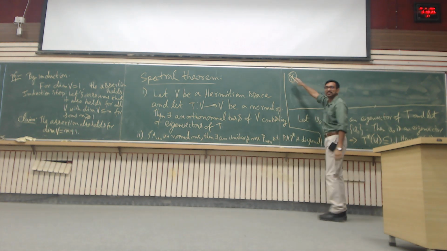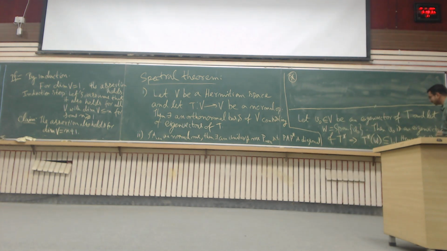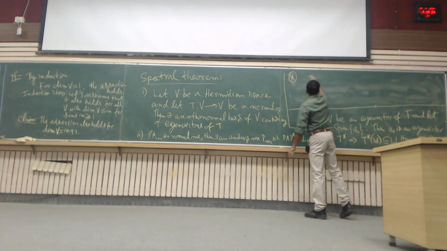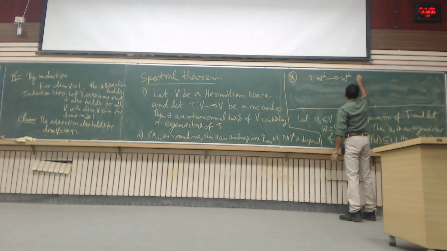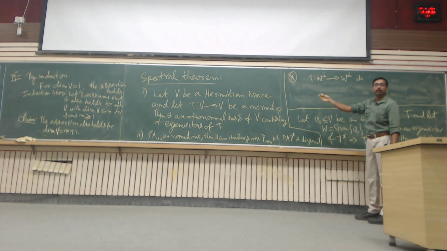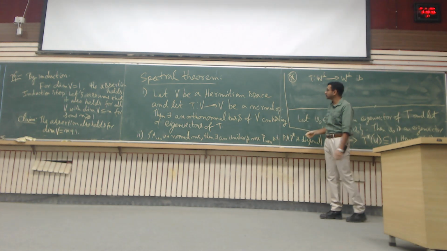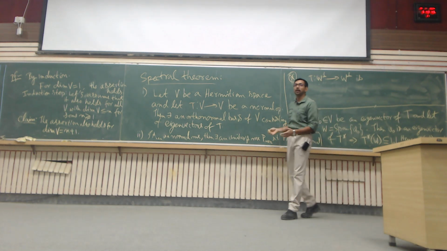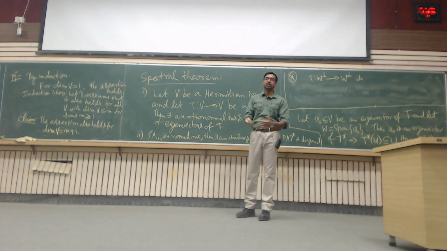So T of W perp is inside W perp. That means T from W perp to W perp is again a normal operator on a Hermitian space, right? Because if you restrict the form to W perp, you are restricting the same form to some space of dimension 1 less.